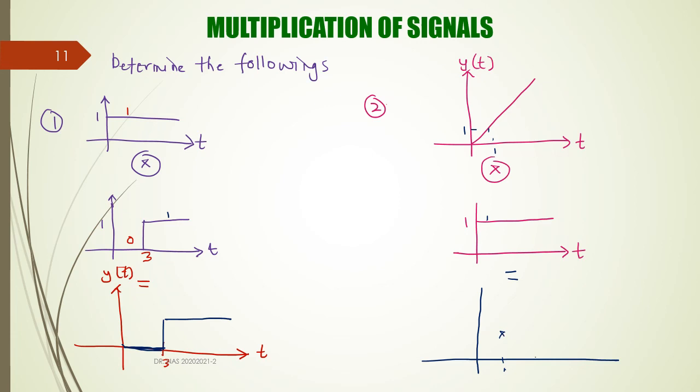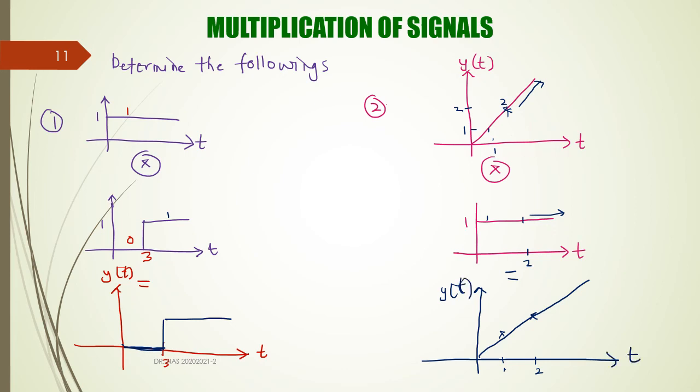And at 2, the amplitude is 2, multiplied by 1, you get 2. So as t keeps on increasing, multiplied by 1, the value keeps on increasing. So this is your output, y(t).